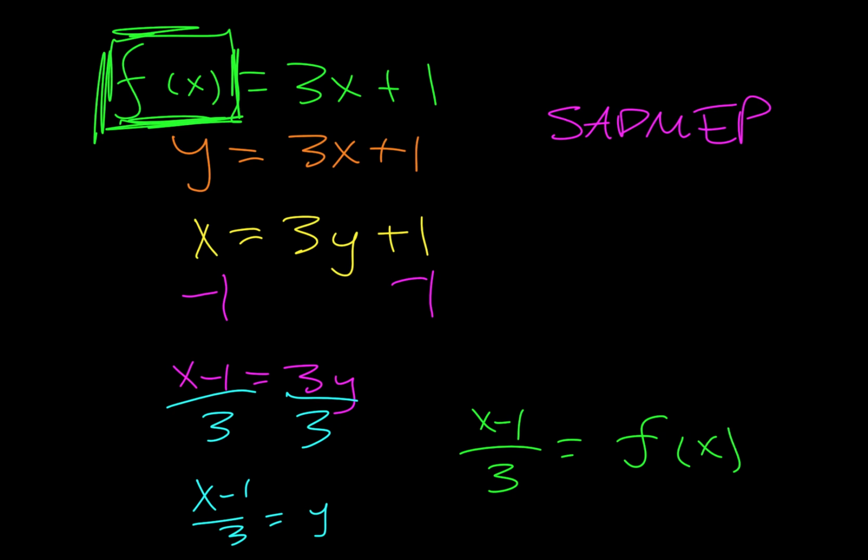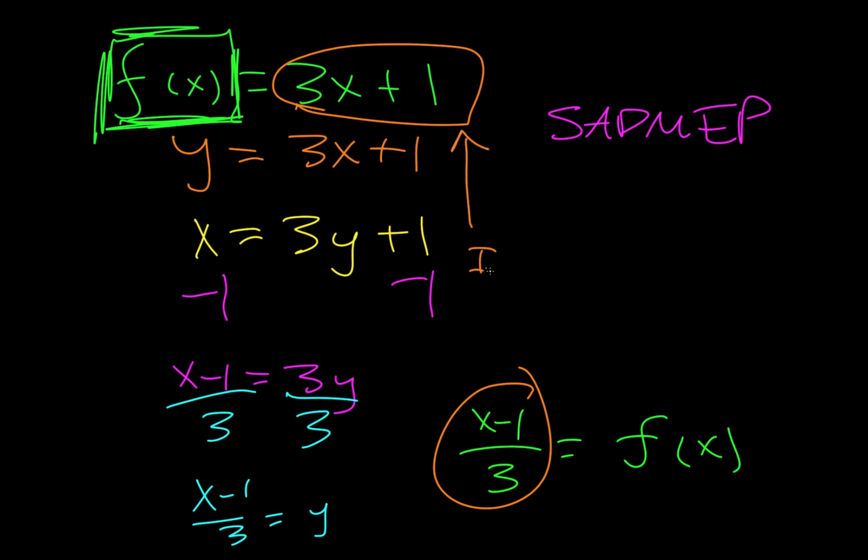But since this is not equal to this, we have to differentiate. But they are related in a very specific way. So this is an inverse of this. And to show that, we put a little negative 1 right there. And so we say f to the negative 1 of x is equal to x minus 1 over 3.